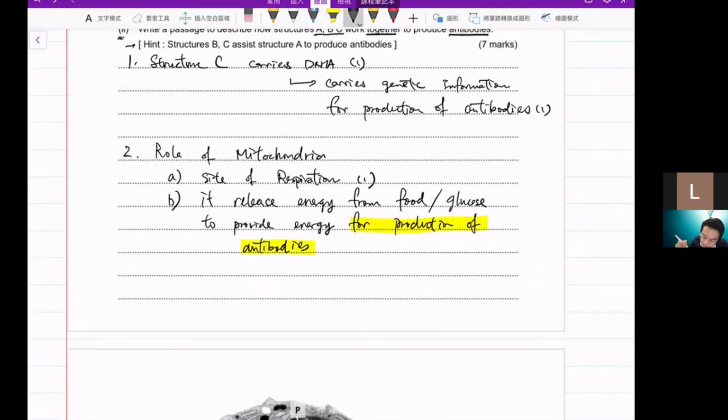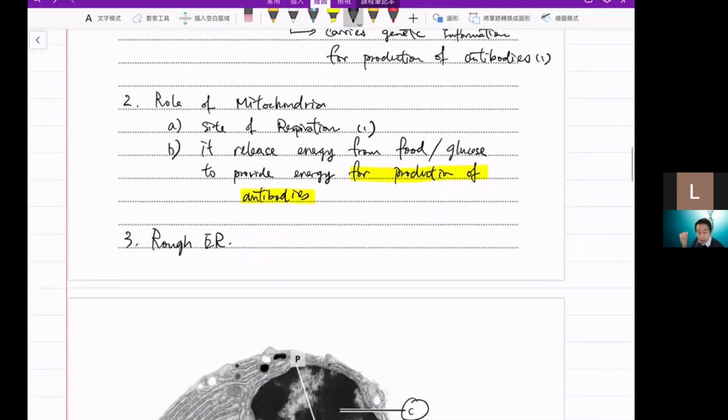Okay, third, which is the rough ER. So rough ER is the site for protein synthesis because it has ribosome. Okay, and antibodies are a kind of protein. So antibody is produced in the ribosome on rough ER.